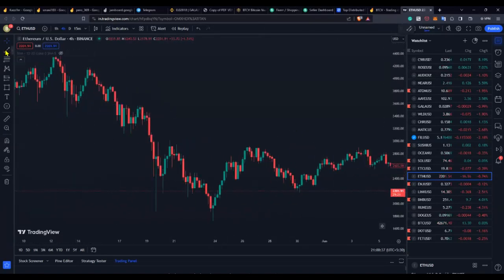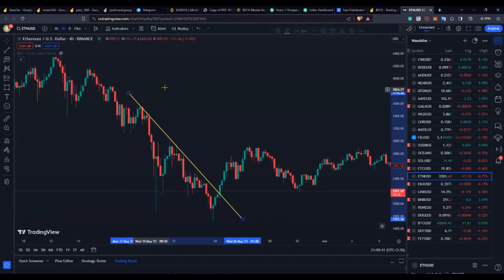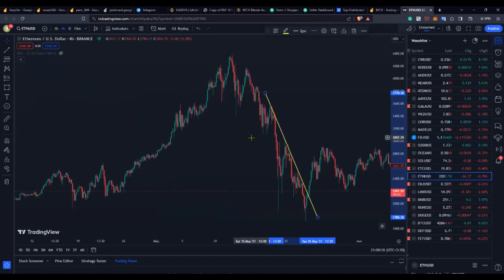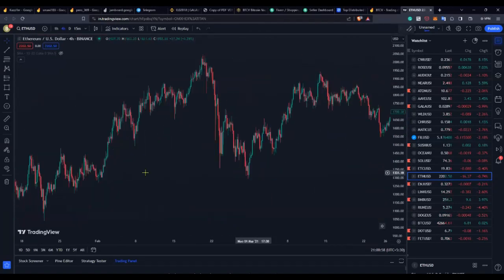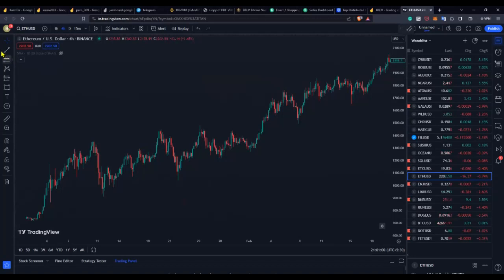We can draw many trend lines. As I said, something like this can also be a trend line. So we have points 1, 2, and almost the 3rd point is right here also. So we have point A, point B, and point C. Then you can clearly see there's a break of the trend line and the market moves up. As I was saying, trend lines are everywhere.